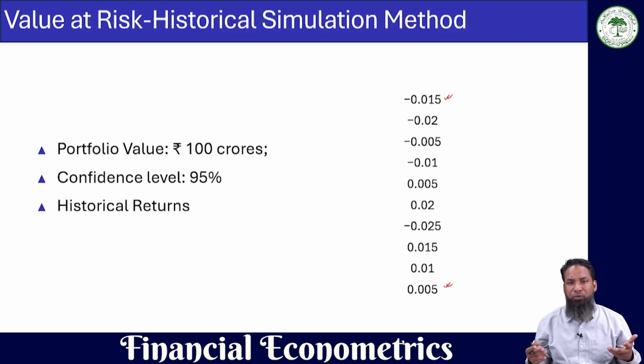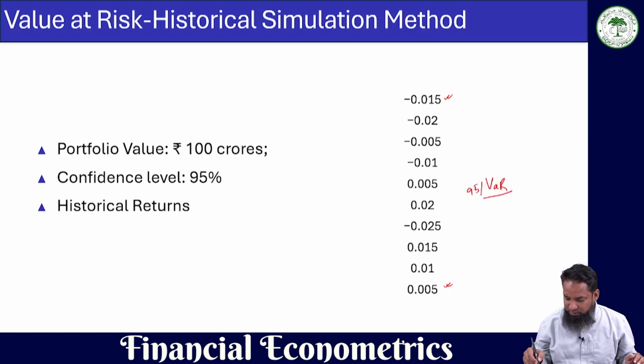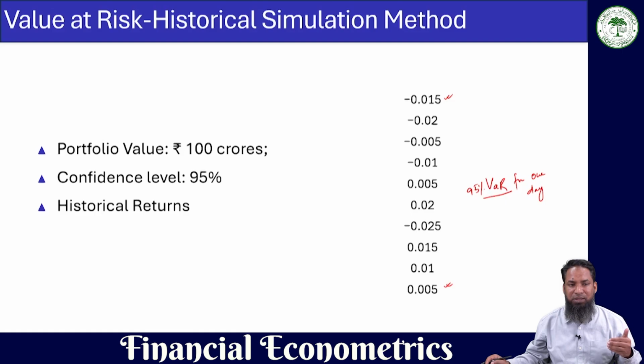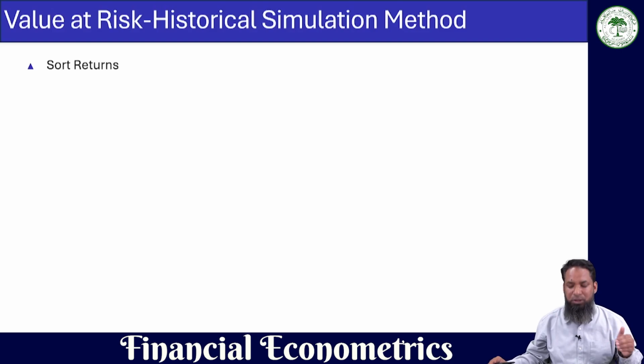Now if you want to calculate the value at risk at 95% for 1 day, or what we can say the 1 day 95% value at risk for a portfolio whose value is rupees 100 crore, then the first task is we sort the returns.